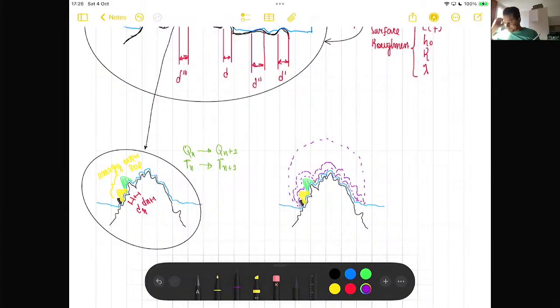And then we have D, but let's call this D2, which causes a temperature T2, for example, inside this region.